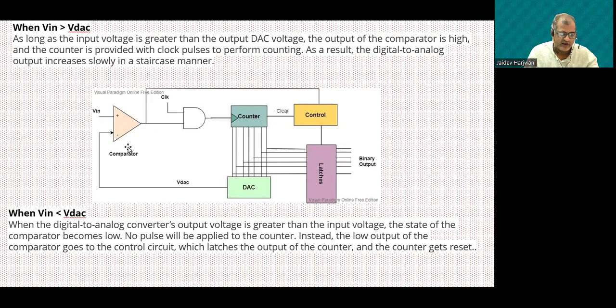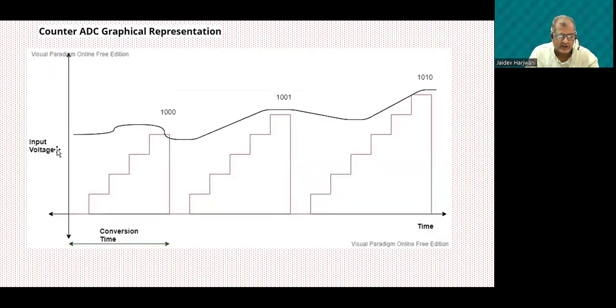Once V input becomes lesser than the converter output, the counter stops counting. Suppose I want to convert this voltage into a digital output: the counter starts counting, applying clock pulses, and once the converter voltage is greater than the applied voltage, the counter stops.